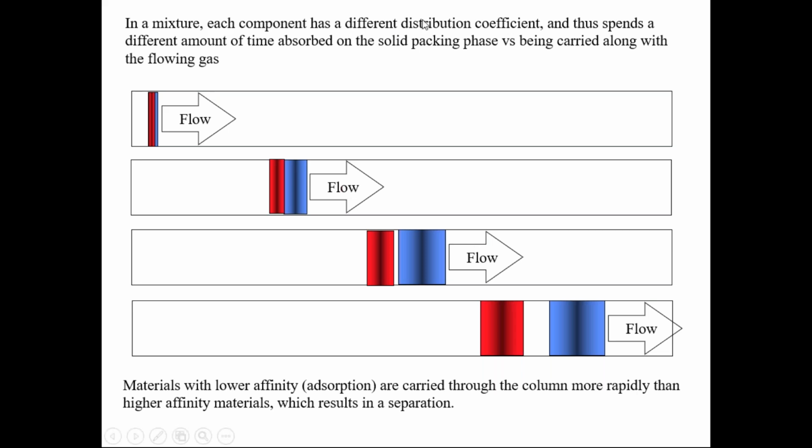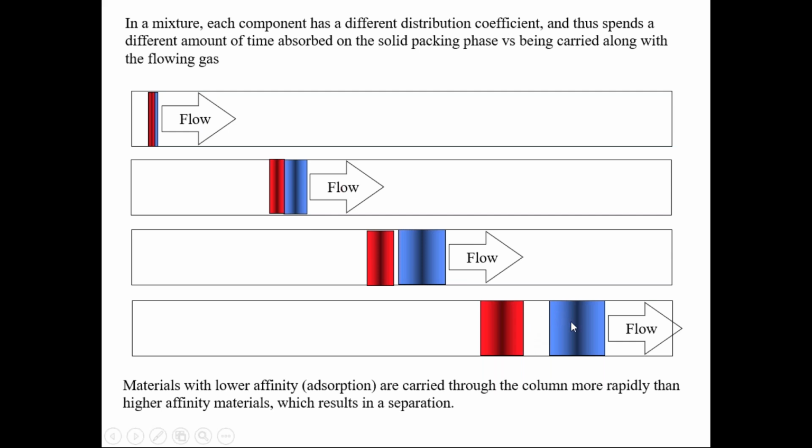Each component has a different distribution coefficient and thus spends different times in the stationary phase and in the mobile phase. And as time goes by, you will see that the separation takes place.